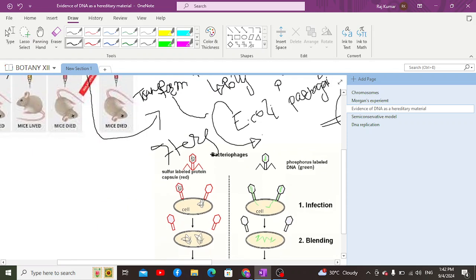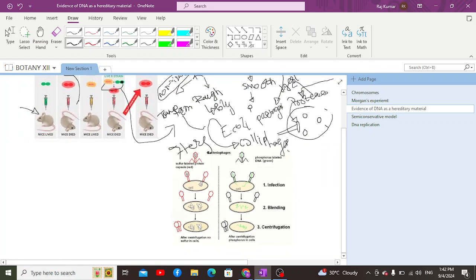What sort of bacteriophage was that? It was a coliphage that possessed single-stranded DNA as its viral genome.